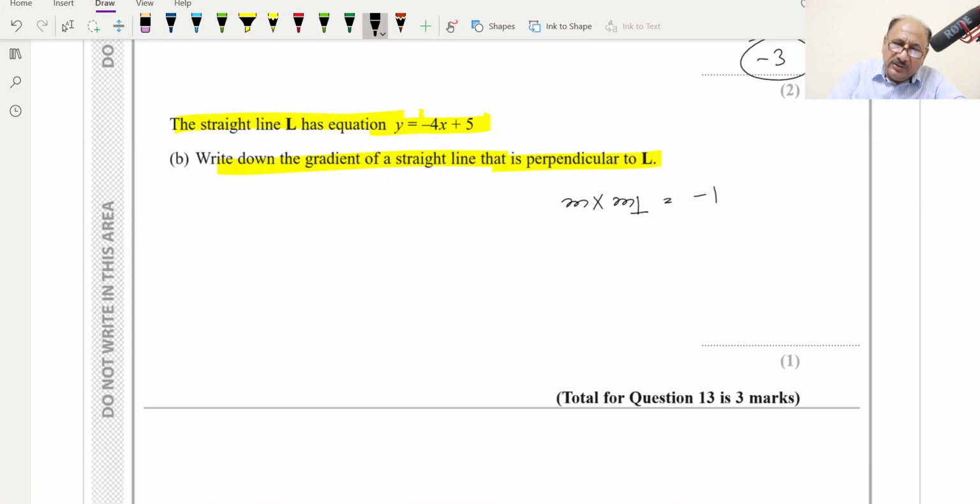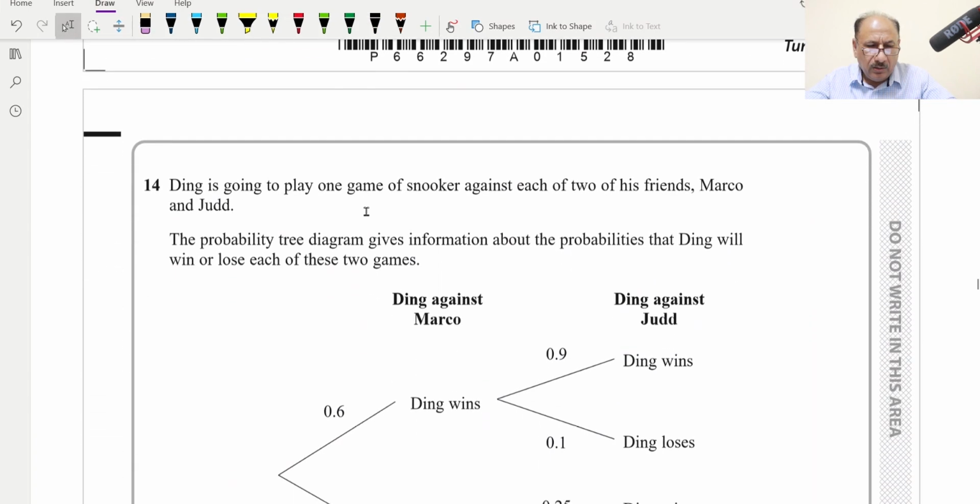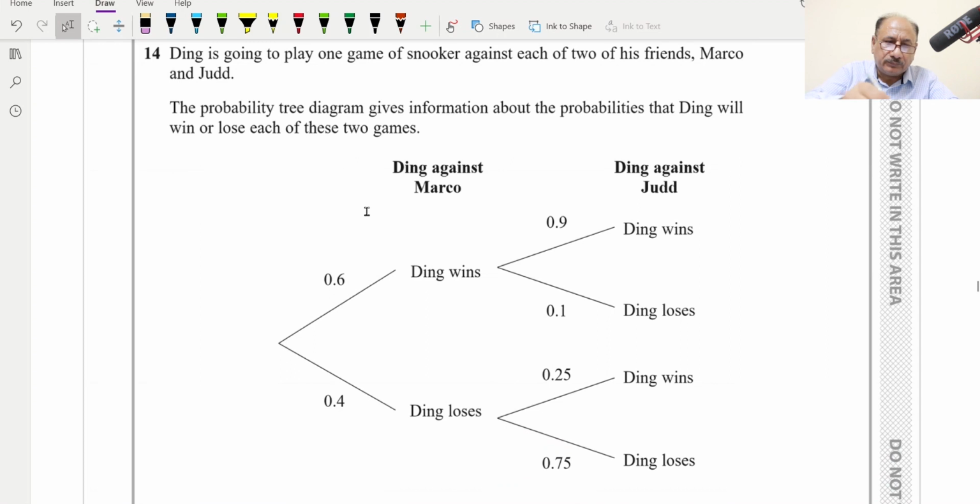The gradient m of L will be equal to minus 4, because we know y is equal to mx plus c, and m is the gradient. The m value is minus 4, and m of the perpendicular line will be equal to the reciprocal and change sign. Change sign will be plus and reciprocal will be 1 by 4, so our answer will be 1 by 4. We can write the answer over here. This is a 1-mark question.